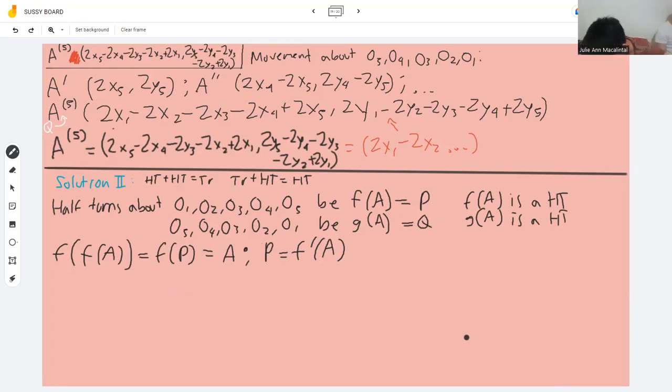So let's say there are these points 1, 2, 3, 4, 5. So here it can put here.